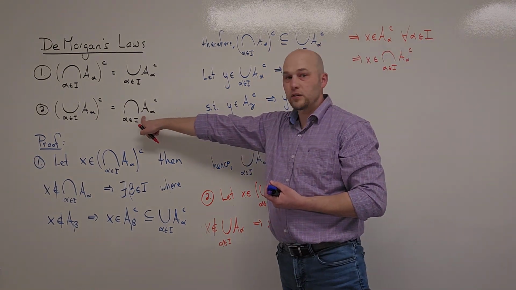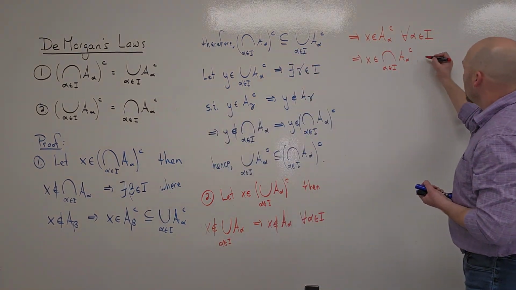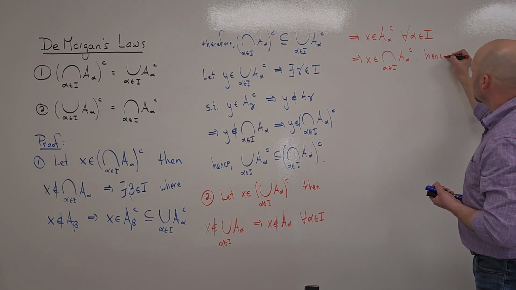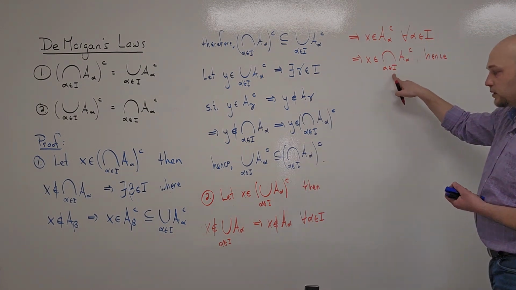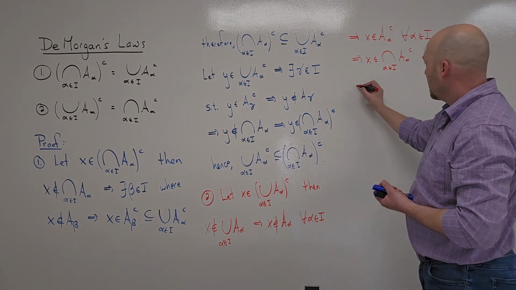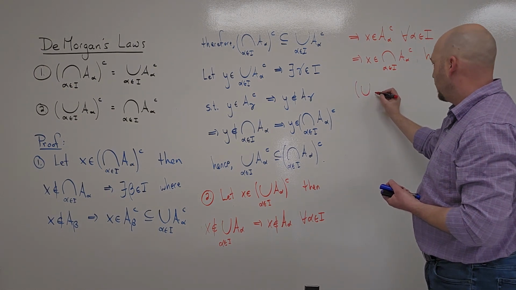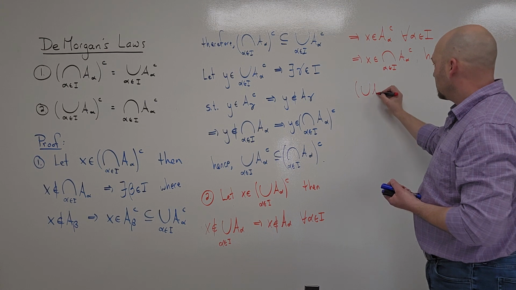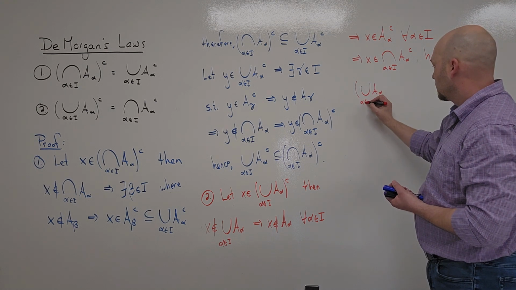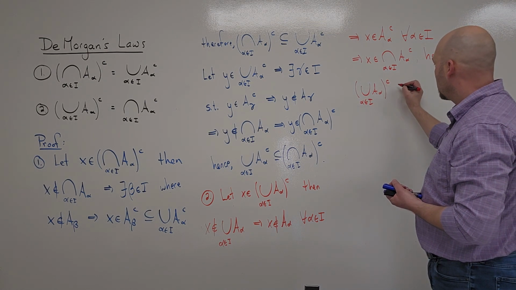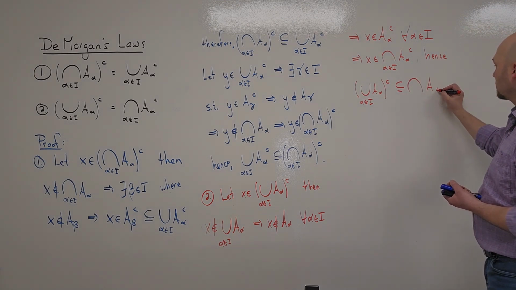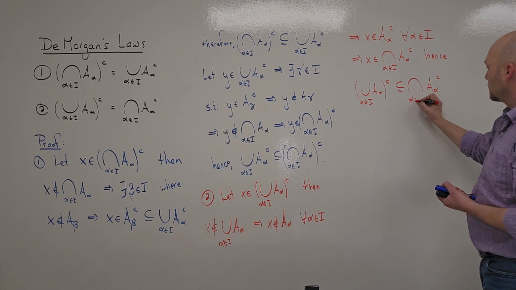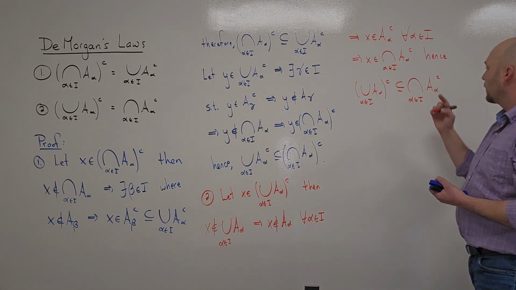But that's the right-hand side. So everything in this set is also in this set. So the complement of the union is contained in the intersection of the complements.